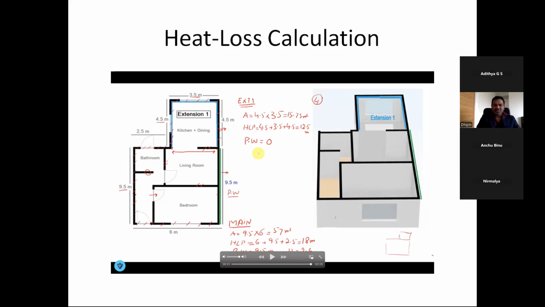Okay, so if you have already looked at the HLP, which is 18 meter, can someone explain why it is 18 meter here?